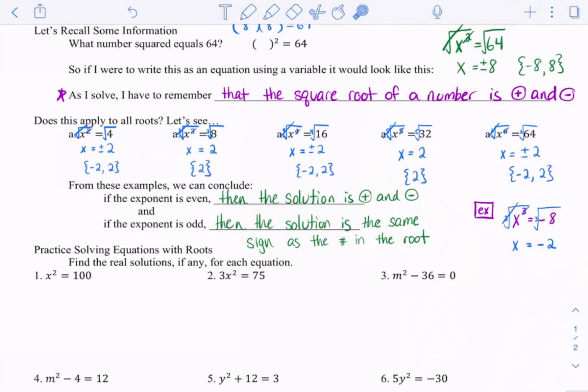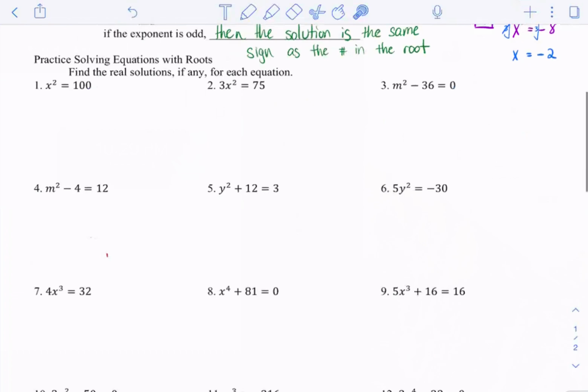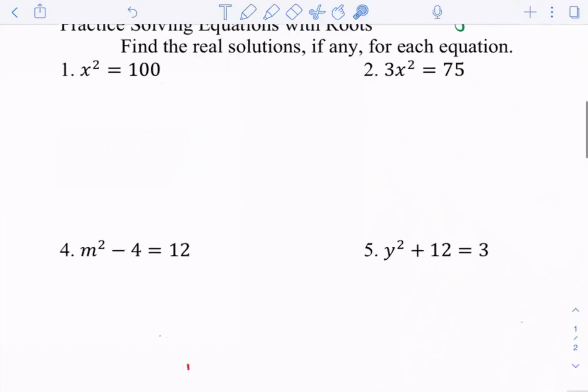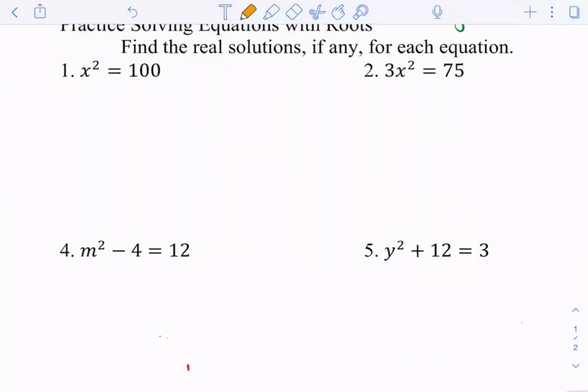So I'm going to do a few examples with you. If you have any questions, please make sure you reach out to me. So over here, to solve for x, my goal is to get rid of everything around it on that side. The only thing I have to get rid of is that squared. To get rid of a squared, I need to square root. Whatever I do to the left side, I have to do to the right.